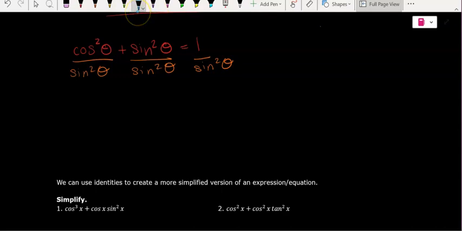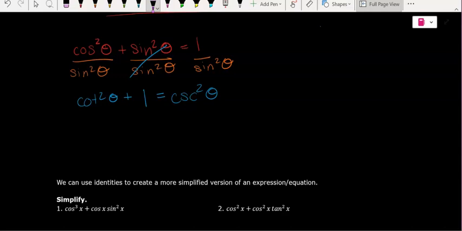So that's going to get me cotangent squared theta. And then I've got sine squared divided by sine squared. So just like cosine squared divided by cosine squared, anything divided by itself cancels out and it gives me 1. And then I should know that 1 over sine is cosecant. So 1 over sine squared gets me cosecant squared theta.